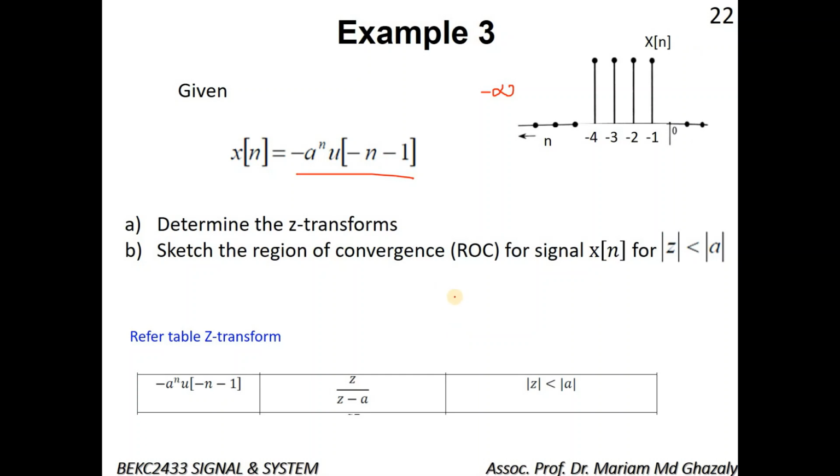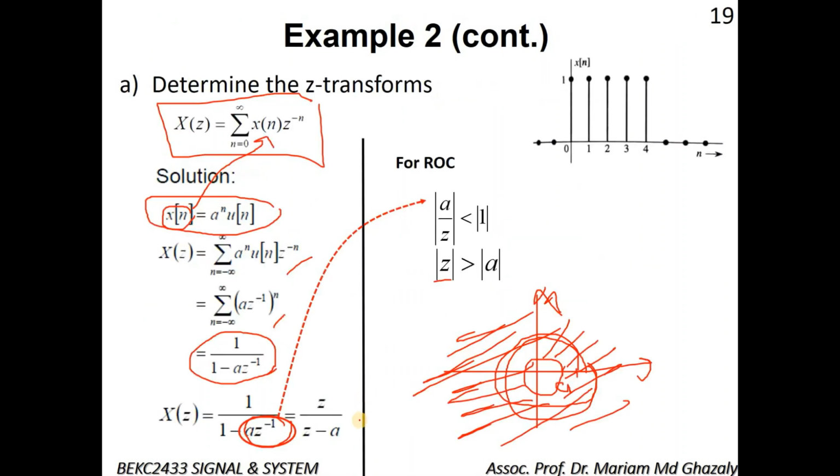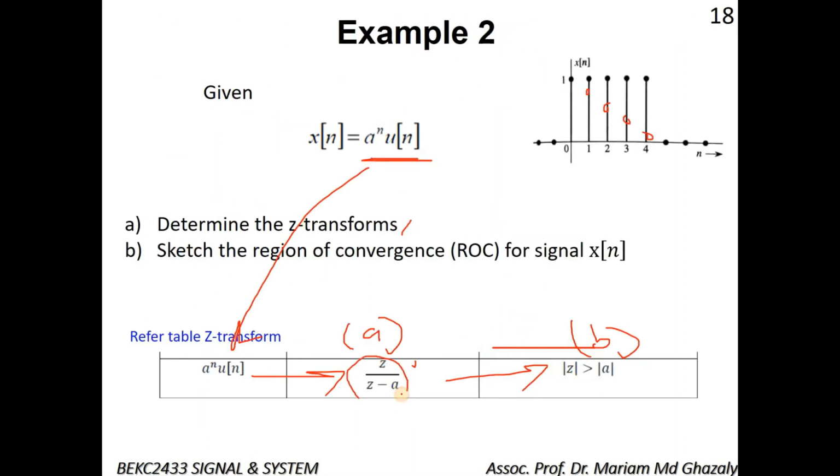Like the previous example, you can directly refer to the z transform table. Referring to that directly, you will get the z transform as z over z minus a. You see that this equation is almost the same as example 2 just now. But the difference is the region of convergence: for example 2, the region of convergence is |z| more than a.